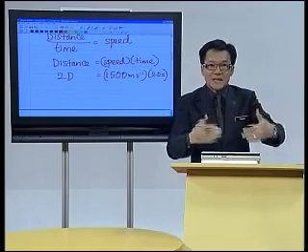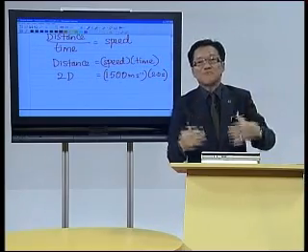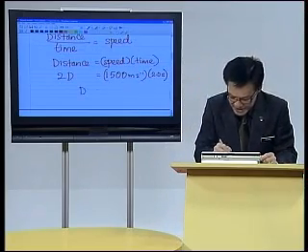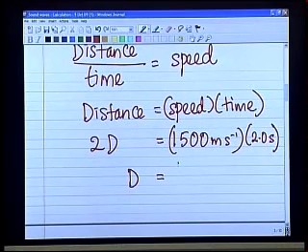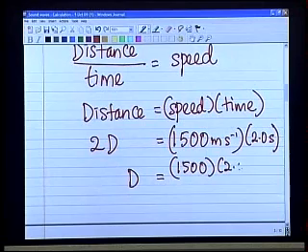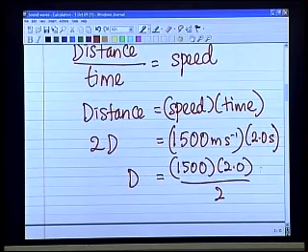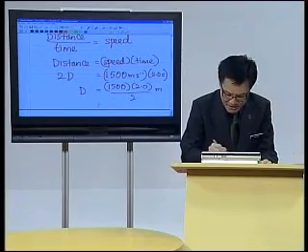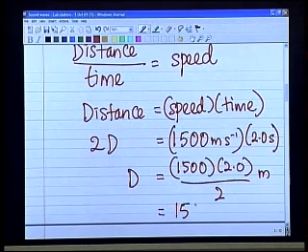You write it down first, step by step. The last step, then only you use the calculator. So from here I would have d equals 1,500 multiplied by 2, divided by 2. The unit, up there, is meter. So that is the distance. And the final answer is 1,500 meters.